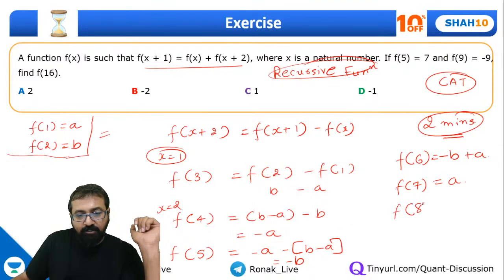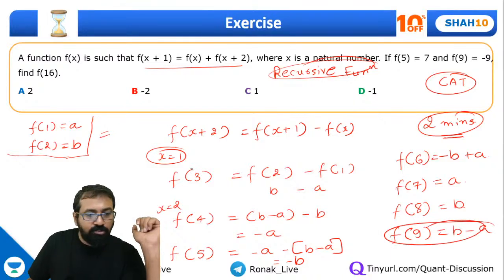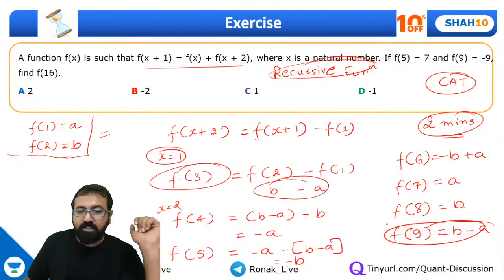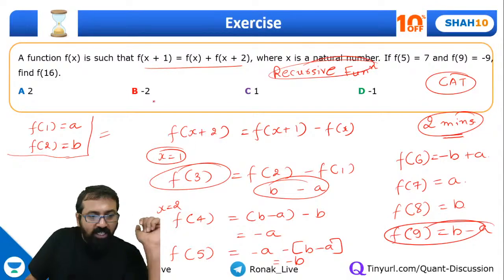So of course f of 8, if you just solve this, you will get b, and f of 9, once again it will be b minus a. Can you see that f of 3 came out to be b minus a, so f of 9 came out to be b minus a. So can I say f of 3 will be equal to f of 9 will be equal to f of 15 and so on and so forth.